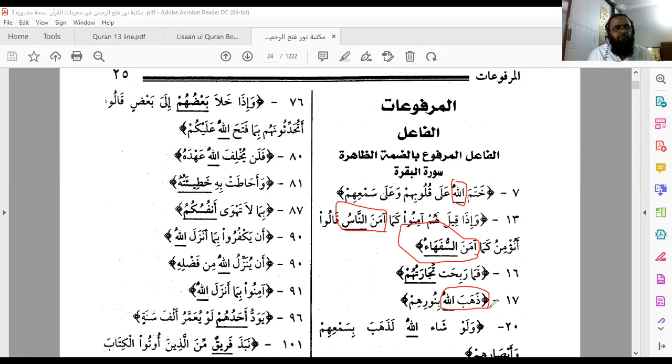You can see the same case over there. وَلَوْ شَاءَ اللَّهُ, see there, zamma. خَلَا بَعْضُهُمْ, بَعْضُ, zamma. فَتَحَ اللَّهُ, zamma. يُخْلِفُ اللَّهُ, zamma. خَطِيئَتُهُ, this one.